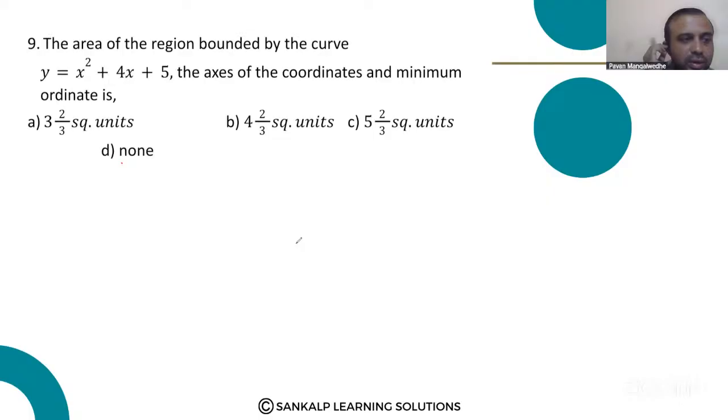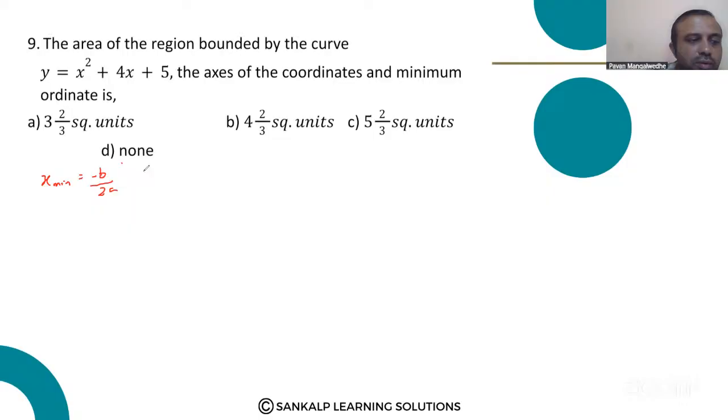So the given curve clearly shows that it's a parabola, where y is equal to the standard form ax square plus bx plus c. It's a quadratic equation form, and the parabola opens upward and has a minimum value, where x minimum is minus b by 2a.